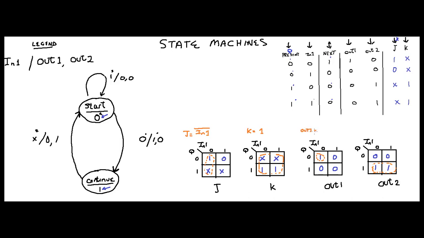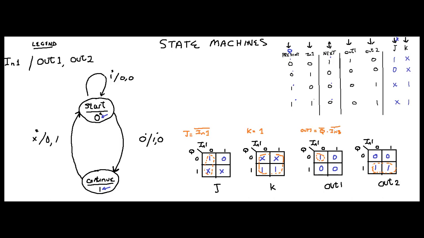Out 1 equals, that's going to be equal to Q bar dot in1 bar. It's a 1. There's no, it's a 1, okay?